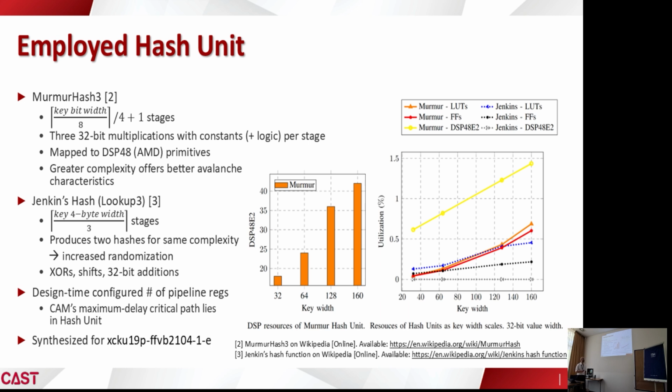We can see that even for relatively large key width configurations, the resources occupied by these two blocks are less than 2% of the available resources. In the design units, the number of pipeline stages can also be configured at design time by parameters, and this way we take advantage of the pipeline opportunities provided by the DSP building blocks.